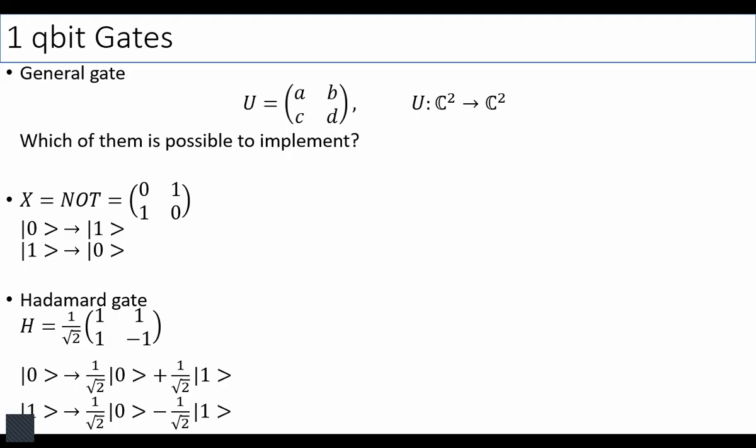To where does 0 go? After the first Hadamard, it goes to 1 over square root of 2 times (0 plus 1). And after the second Hadamard, it goes to 1 over square root of 2 times [1 over square root of 2 of (0 plus 1) plus 1 over square root of 2 of (0 minus 1)], because I applied Hadamard to each term.